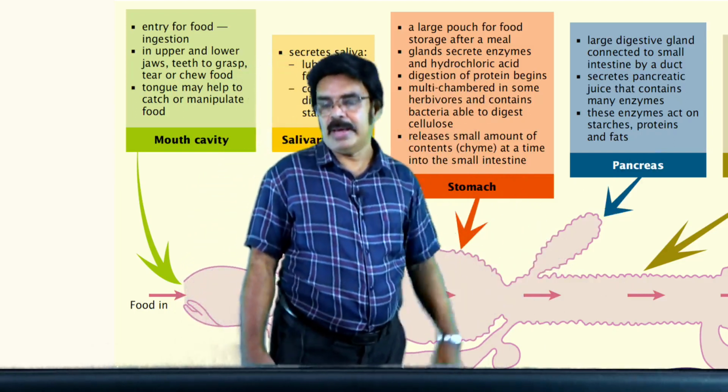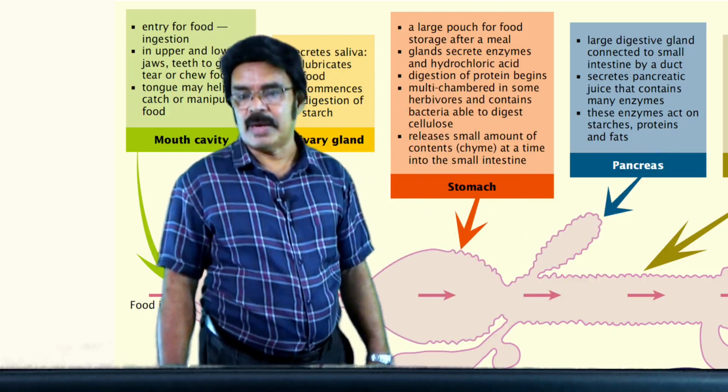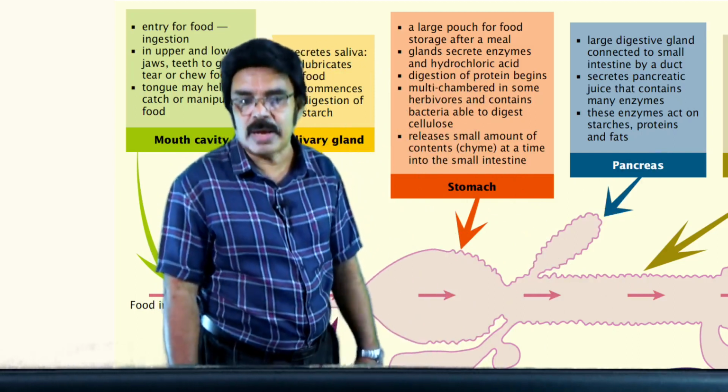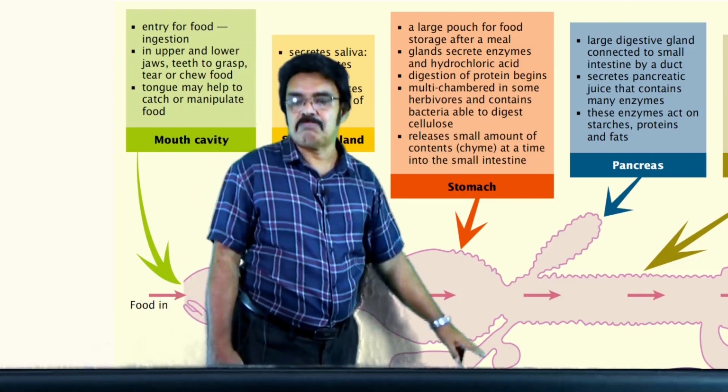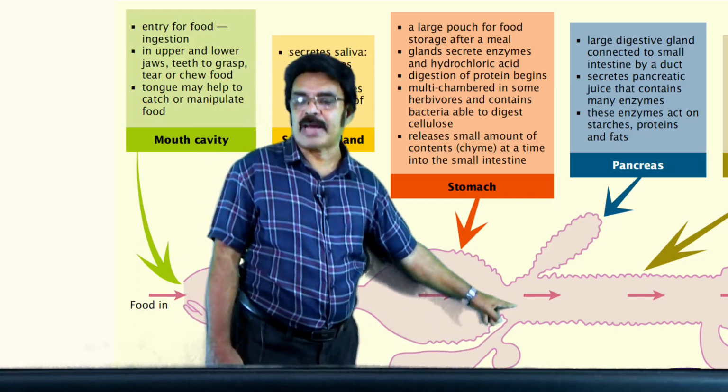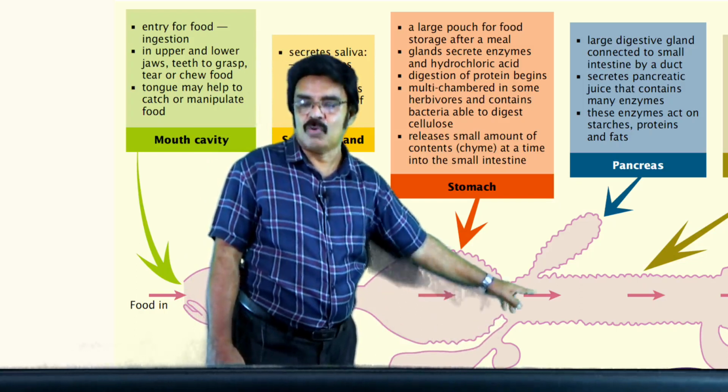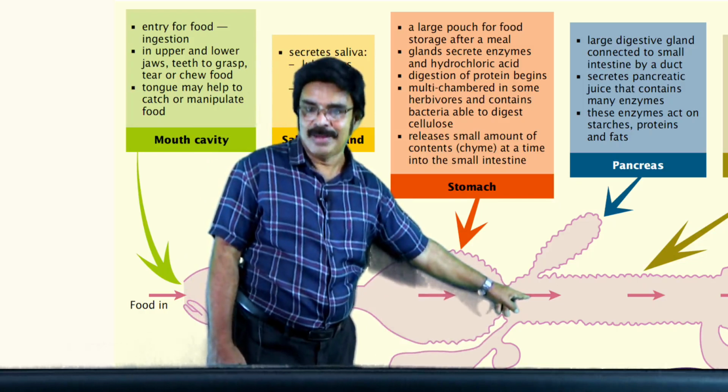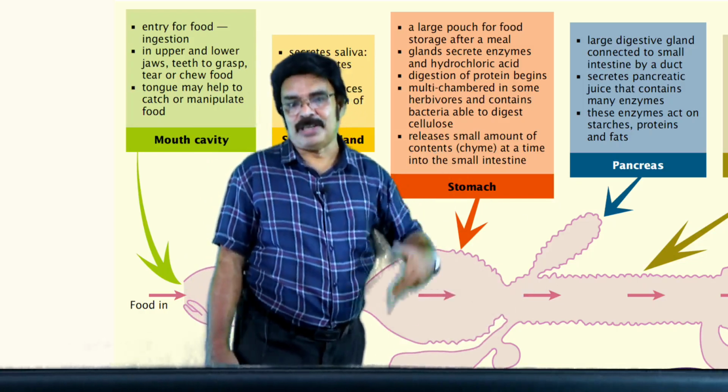But the way the pancreas is connected to the food canal is not the way that we have shown here, but you can see that in the diagram of the human digestive system.